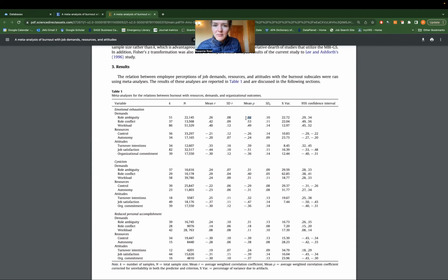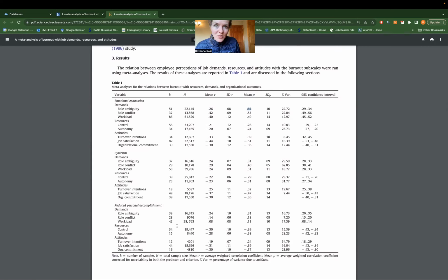Okay, so we don't see anywhere that they explain statistical significance. Sometimes they do. Sometimes an asterisk means how statistically significant it is. Sometimes they will have the literal p-value in parentheses next to the correlation. Sometimes it's just as if it's less than 0.05. In this case, we can actually use the confidence interval to help us here.